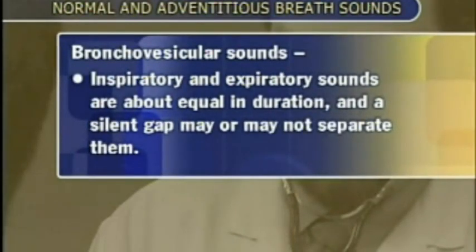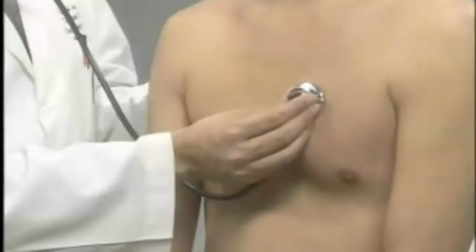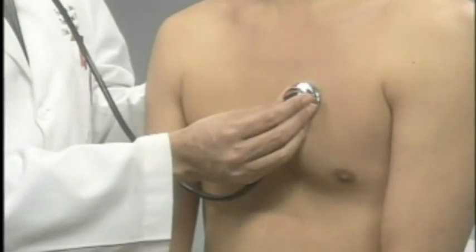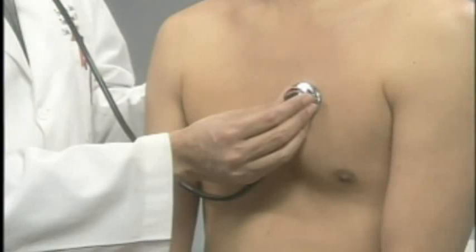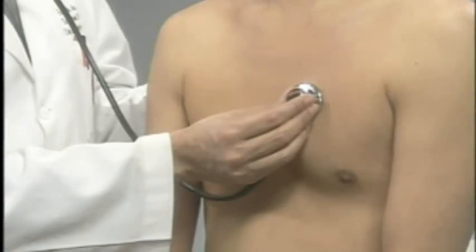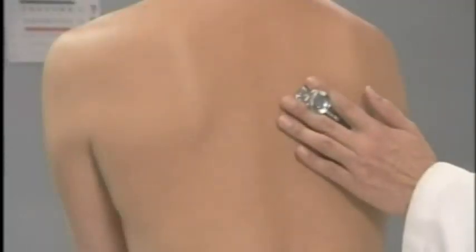Inspiratory and expiratory sounds are about equal in duration, and a silent gap may or may not separate them. These sounds may be heard in the first and second interspaces anteriorly and between the scapulae posteriorly.